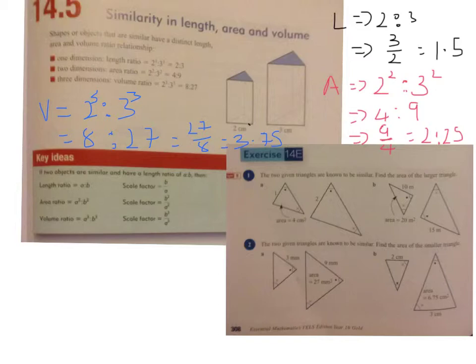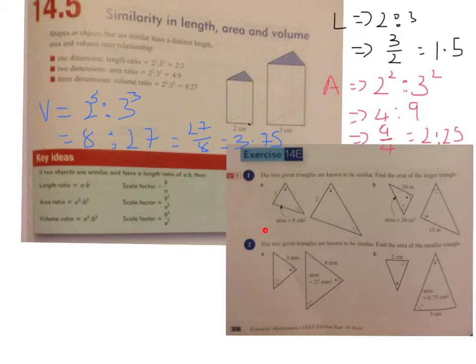So we had a scale factor for length, 1 dimension, of 1.5. The scale factor in 2 dimensions, area, was 2.25. And our scale factor in volume was 3.75. So we've got different scale factors depending on whether it was length, area or volume.